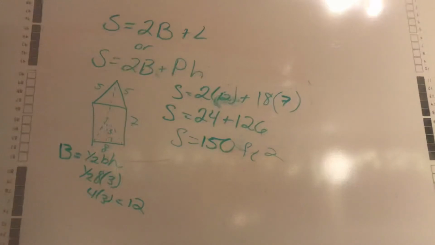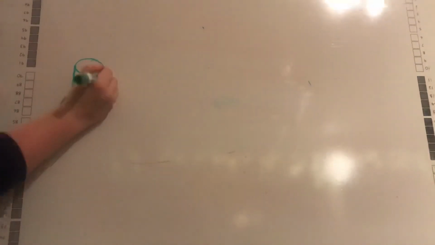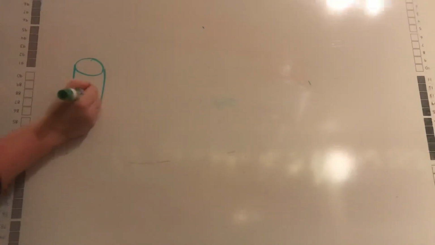Okay? Well, what about if we have a cylinder? Easy enough with these prisms, but let's say we have this. Then what do we do? Well, of course, they give us a new formula, and it's the same thing.